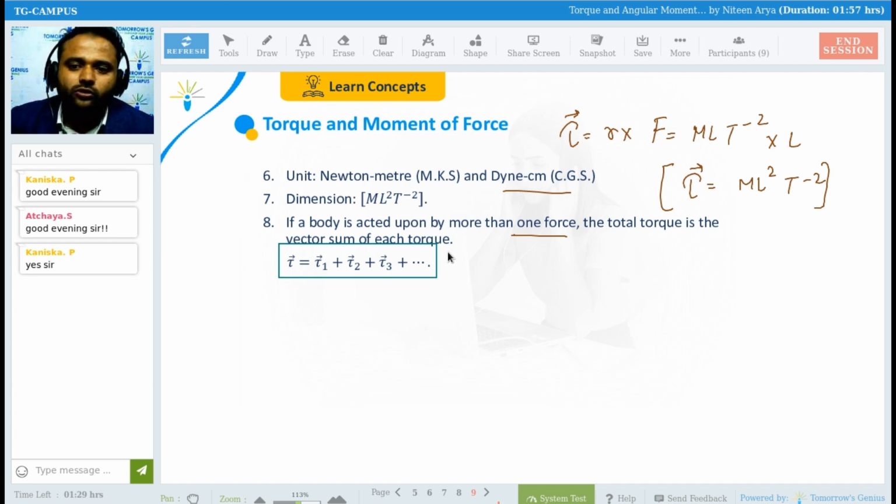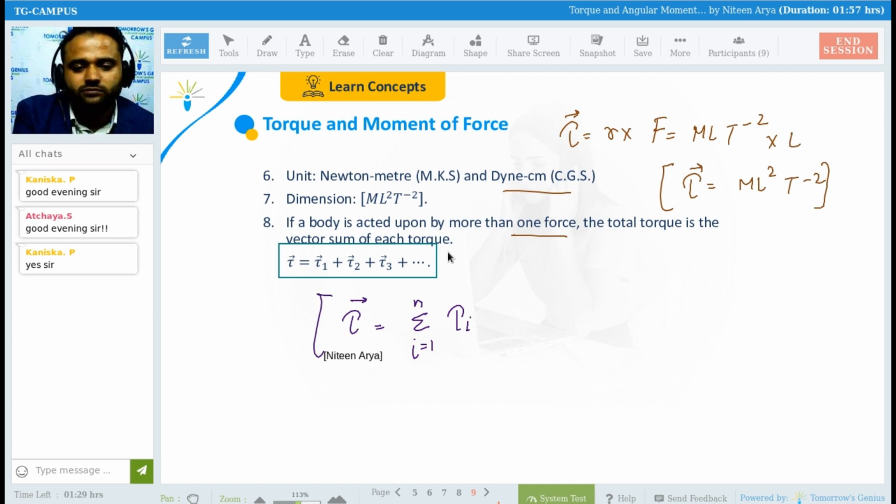In the same way, the total torque tau is going to be tau1 plus tau2 plus tau3 plus tau4 up to tau n. You can rewrite this as total torque equals the sum over i of torque i. Clear, everyone?